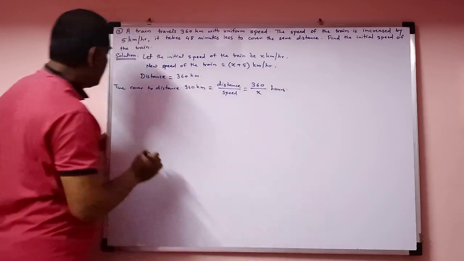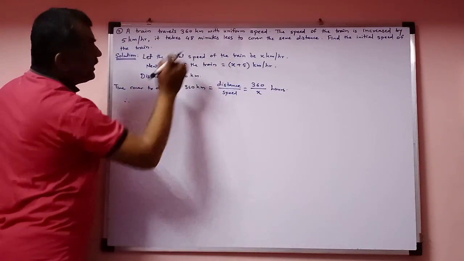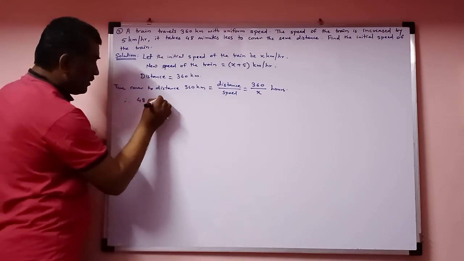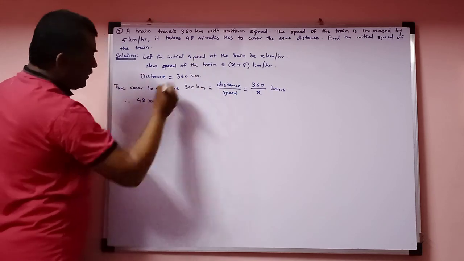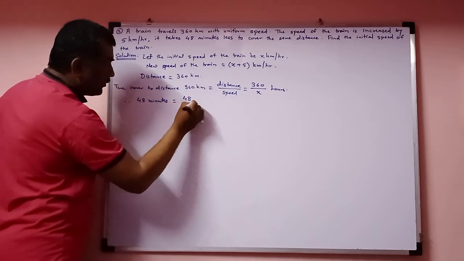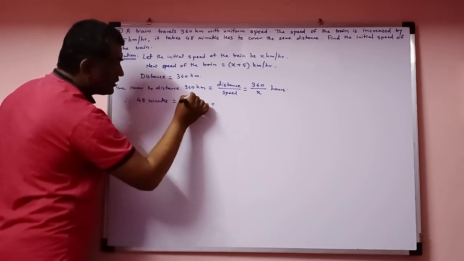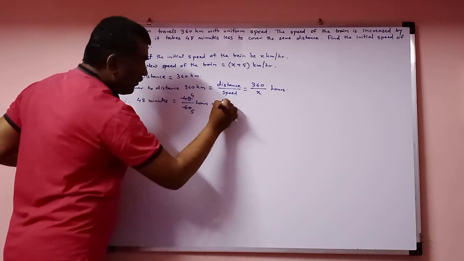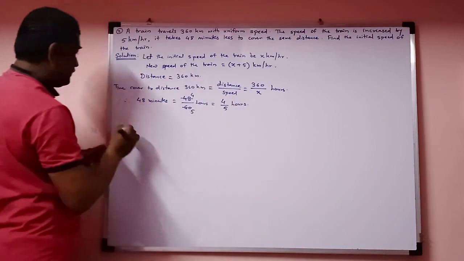hours. Then it takes 48 minutes less. 48 minutes is equal to, time is in hour, 48 minutes means 48 upon 60 hours. 12 fours are 48, 12 fives are 60. 4 upon 5 hours.